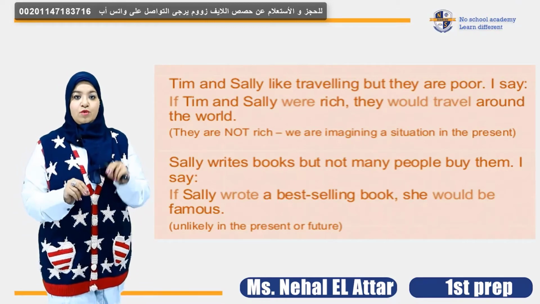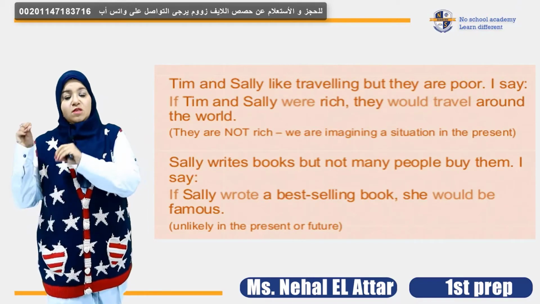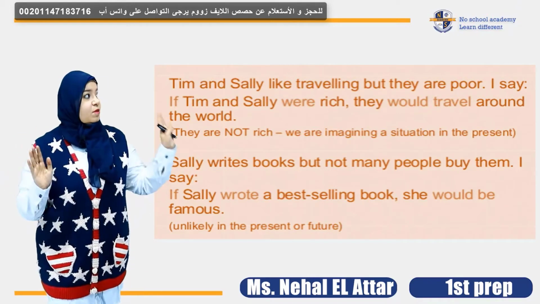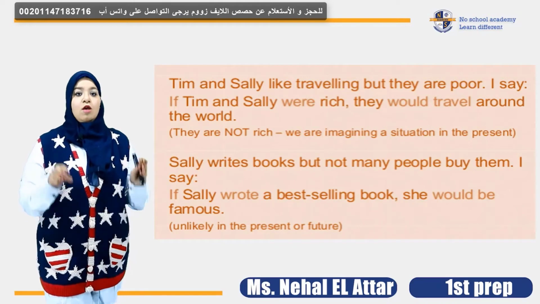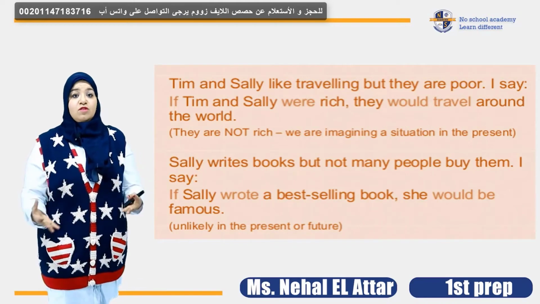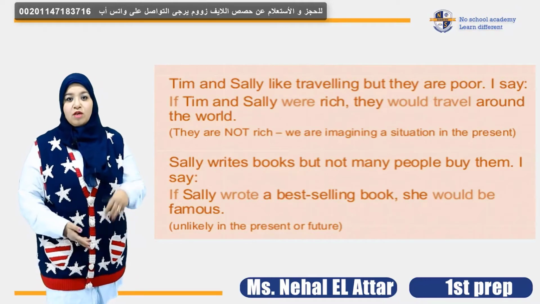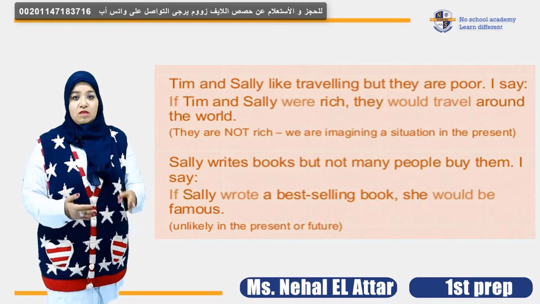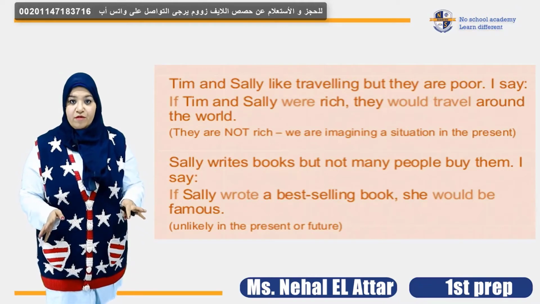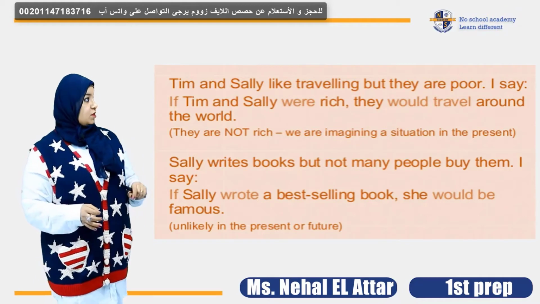Once you know how to put the words like a puzzle, you're going to be perfect in this rule, okay? But the main issue here is considering what we are talking about. The situation is in the present, in the future. We're going to express it using type 1 or type 2 or whatsoever, okay? So pay attention to this.